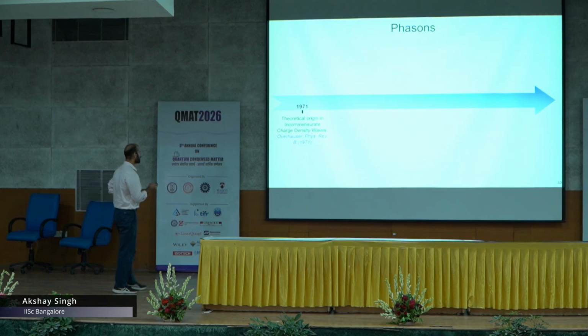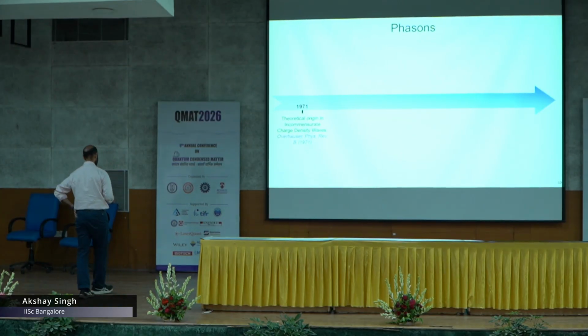So here I would like to introduce you to this concept of phasons. This is sort of a timeline for the phason picture. They were, I would say, discovered around 1971 in these incommensurate systems. Incommensurate means there is some periodicity, but it's an extremely long period, so for all practical purposes you can think that there is no periodicity, which happens for these very low twist angle samples.